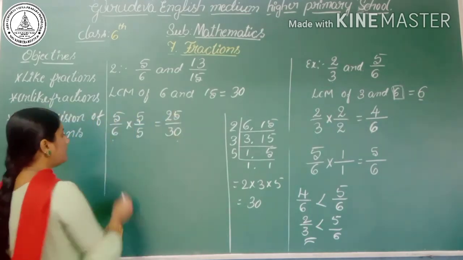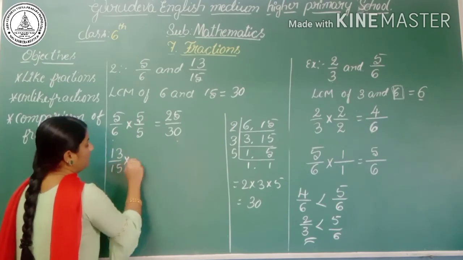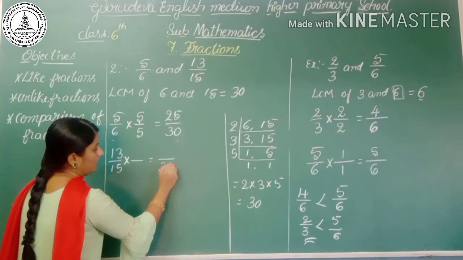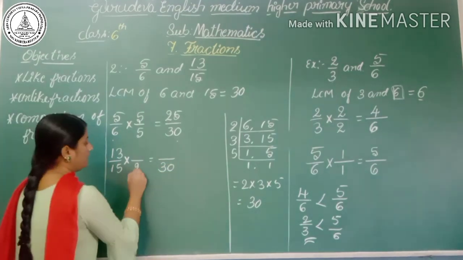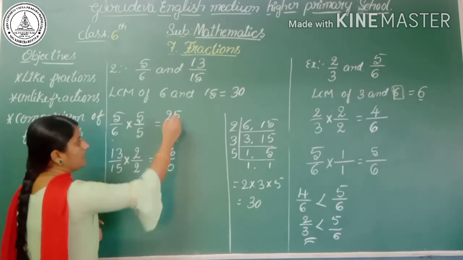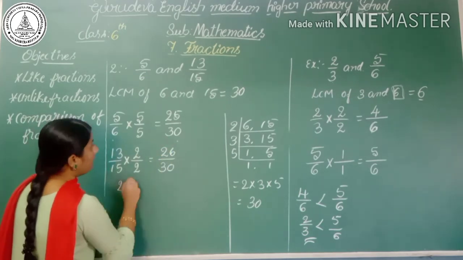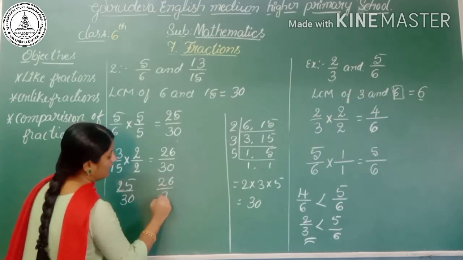With the same step, second fraction 13 by 15 into dash, which is equal to 30. 15 times how much is 30? That is 15 times 2. Then 13 times 2 is 26. Now you can write here 25 by 30 and 26 by 30.